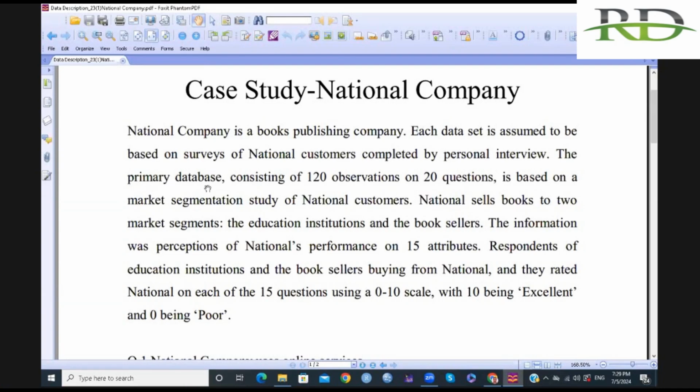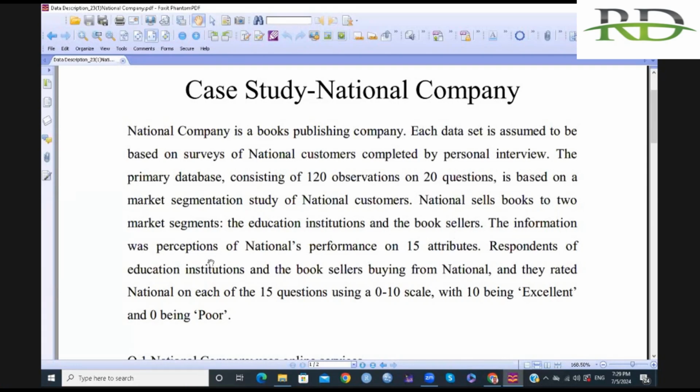The primary database consisting of 120 observations and 20 questions is based on a market segmentation study of national customers. National sells books to two market segments, the educational institutions and the booksellers.